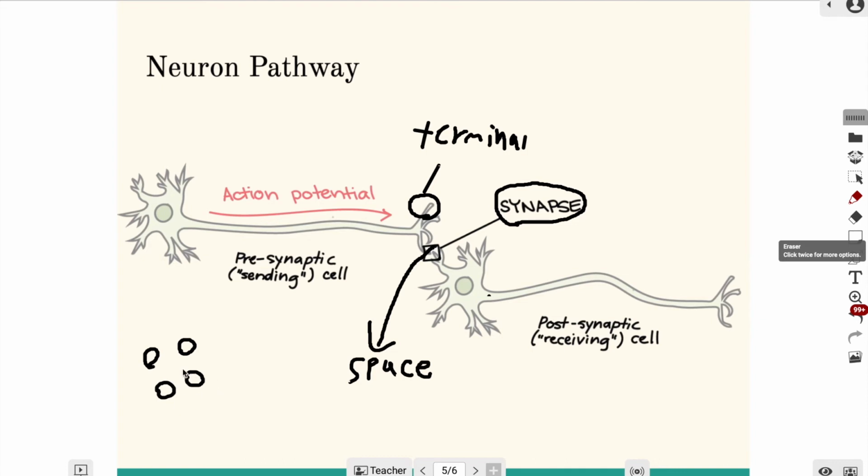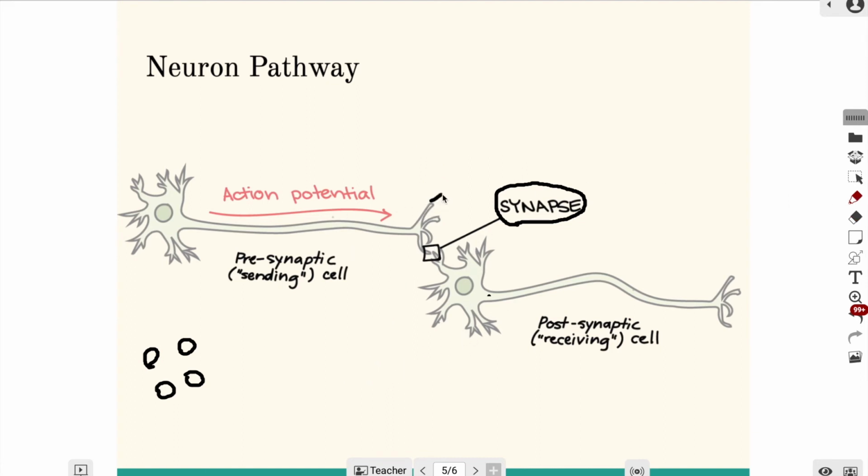So think of these circular objects I drew here. They're the neurotransmitters. The neurotransmitters are released from the terminal branches. So these are the dots here.